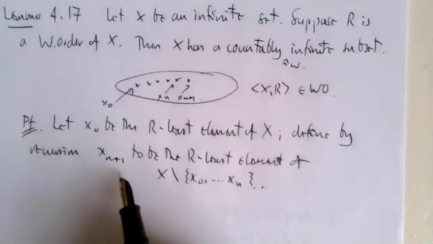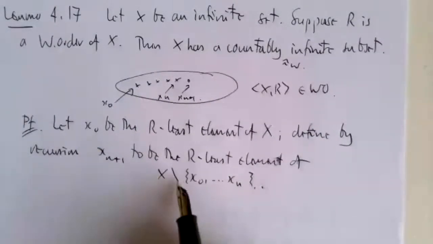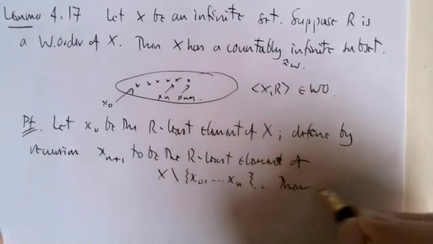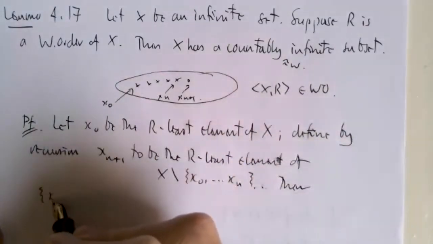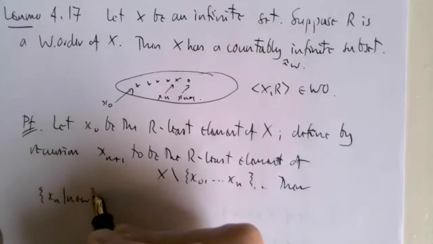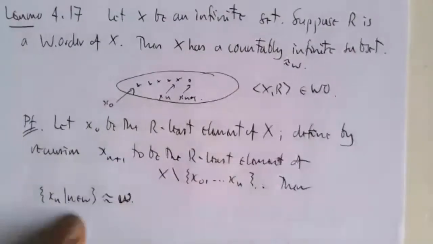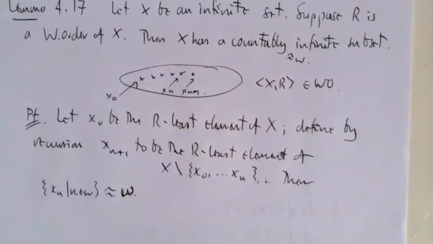And then clearly what we've got here is an omega sequence, so it's a set bijective with omega. It's obvious, it almost doesn't need saying.